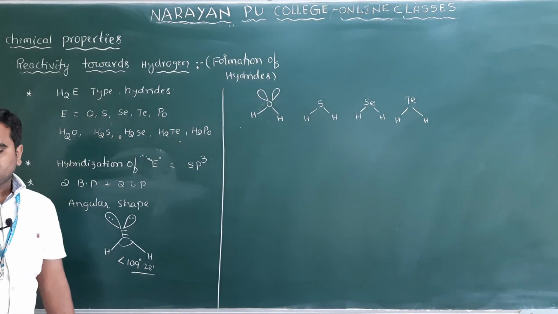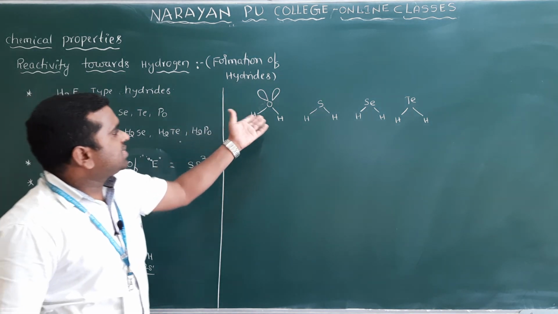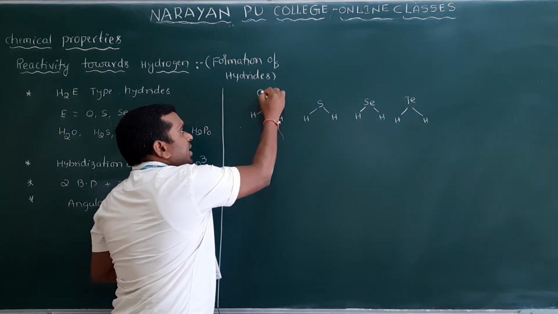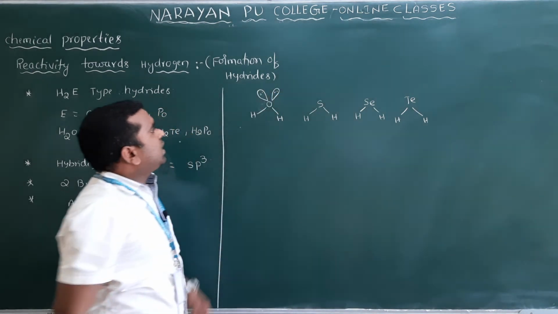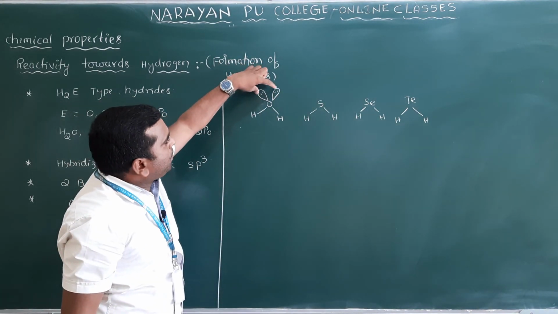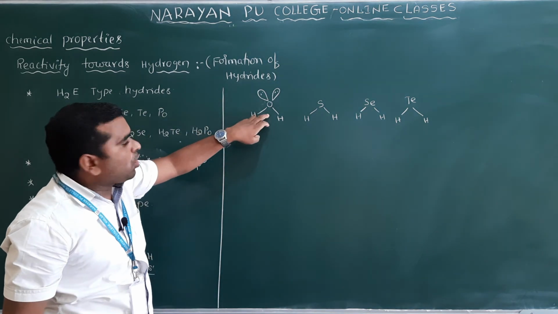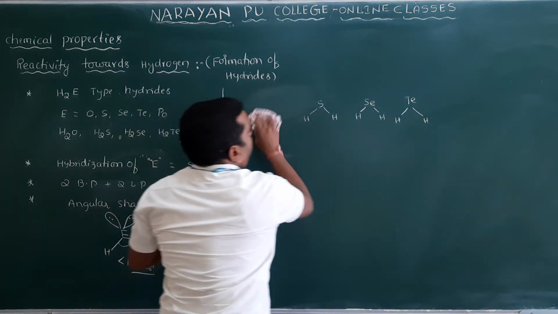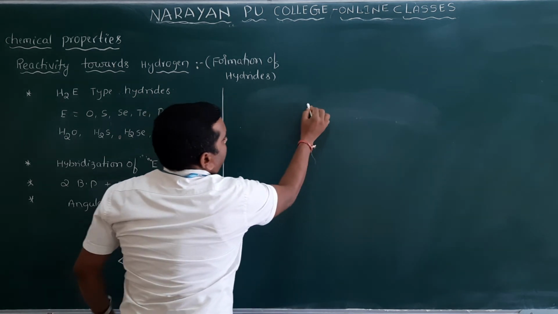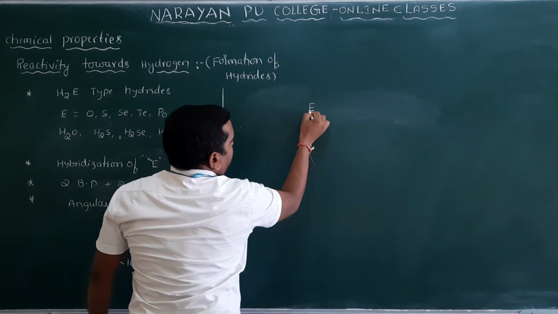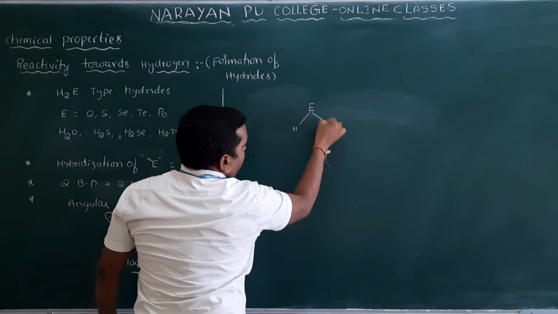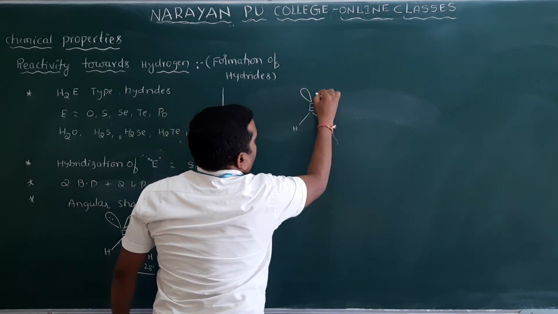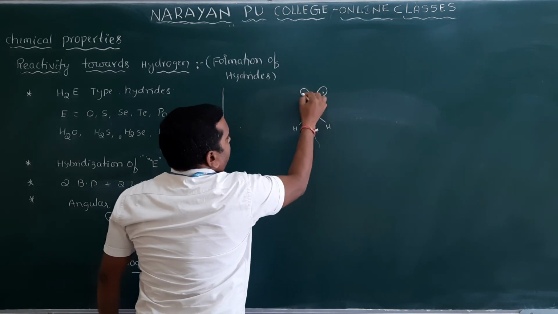Lone pair and lone pair repel strongly, more than bond pairs. Let me take the simple example: this is hydrogen and this is hydrogen, and here there is a lone pair of electrons.